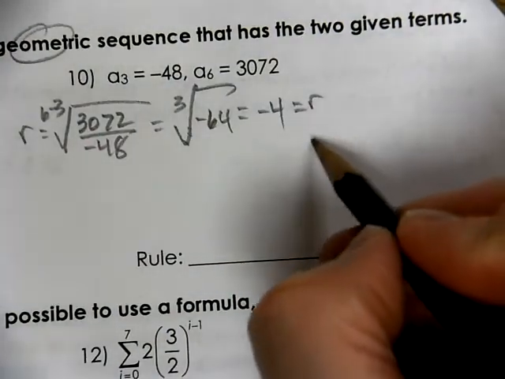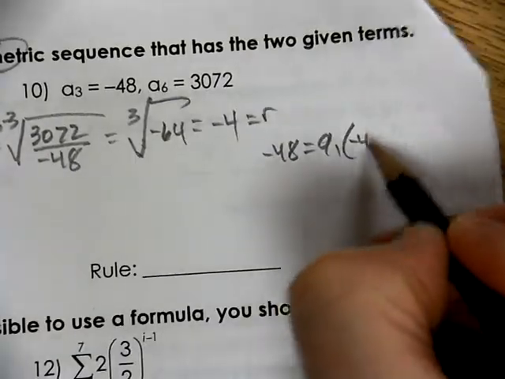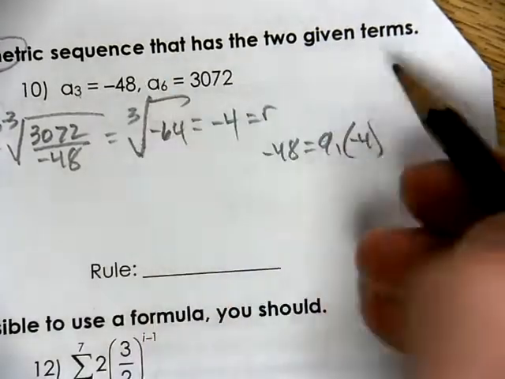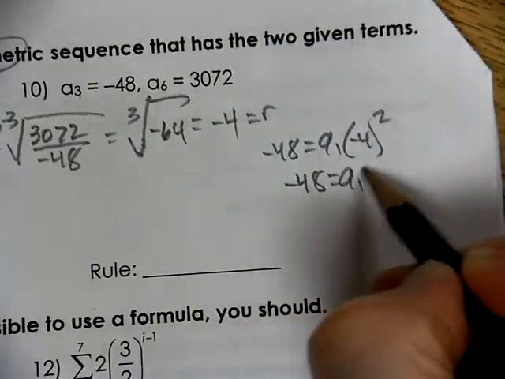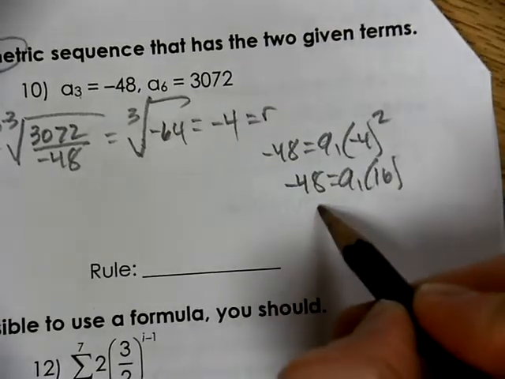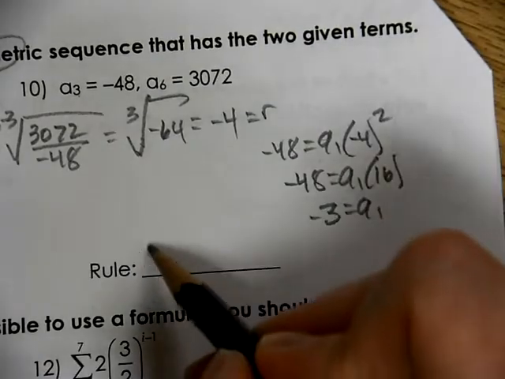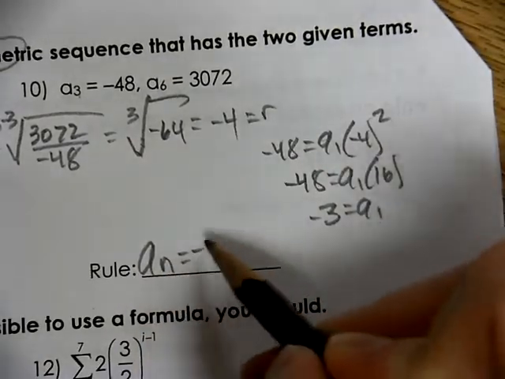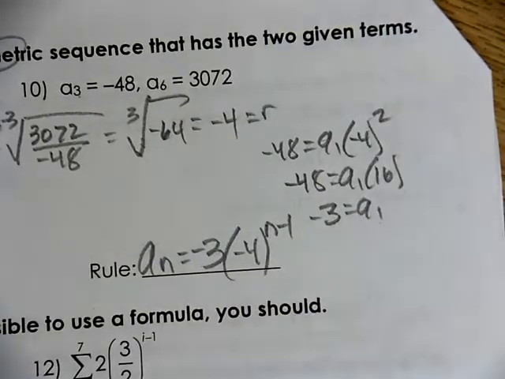So then we're going to take one of the terms, equals a of 1 times our r value, to the 3 minus 1, which is negative 48. A of 1 times 16. When we divide, we get negative 3 as a of 1. That's our a of 1 times our r to the n minus 1.